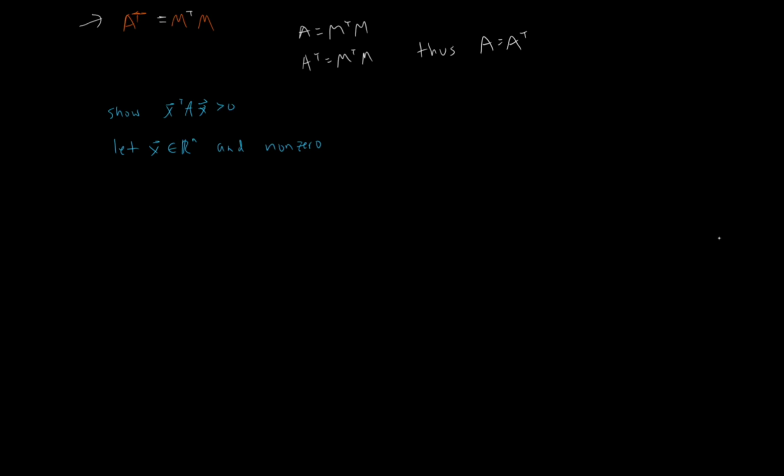Now, we can start off with the property. X transpose A X, these are vectors. That is going to be equal to, we substitute A for what we were given: A is equal to M transpose times M. So now we have X transpose, and we substitute M transpose times M times X vector.